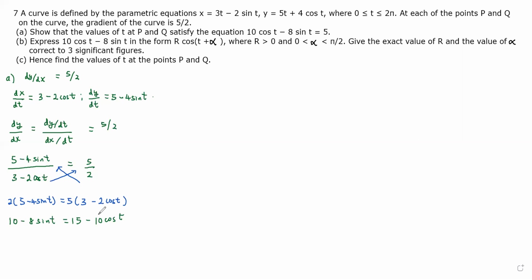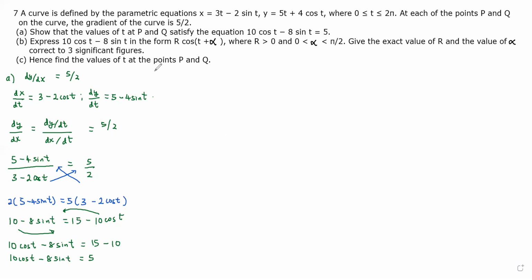The negative 10 cos t we can move over to the left, and that 10 goes to the right. When we move 10 cos t to the left, it becomes a positive 10 cos t. We still have minus 8 sine t, and then we have 15 minus 10 on the right. So 10 cos t minus 8 sine t is 5, and we are shown part A.